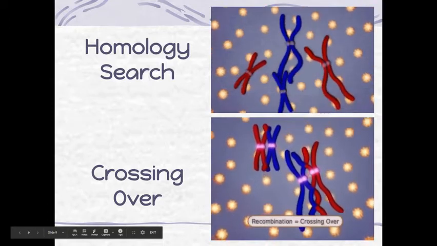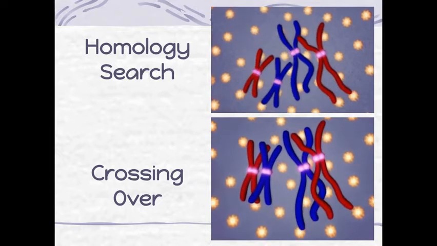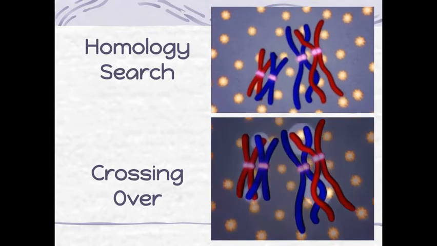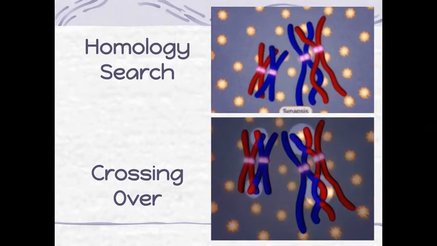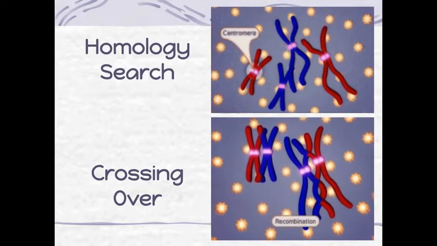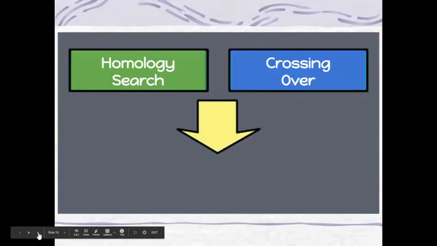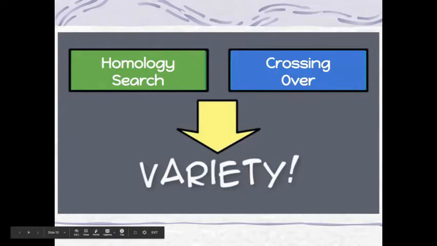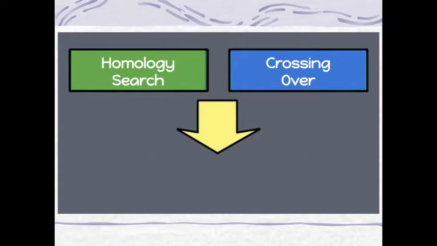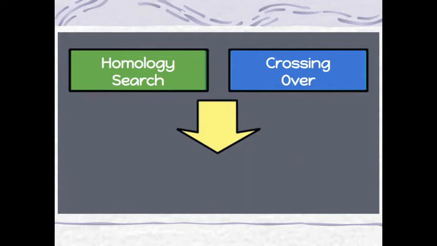So here you can see the homology search on the top when the chromosome pairs find each other, and you can see crossing over on the bottom where the chromosomes actually exchange pieces with one another. The homology search and crossing over increase the variety that we're going to have when we eventually get our cells divided and end up with our gametes.